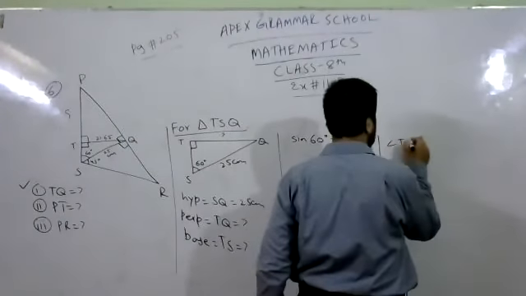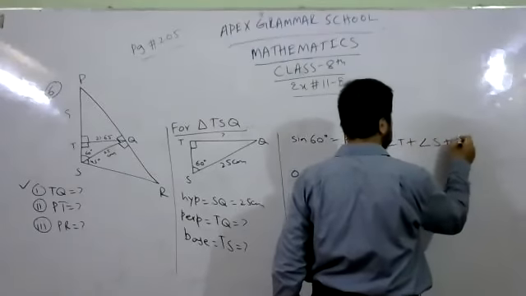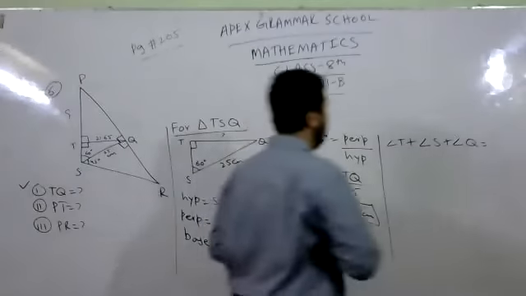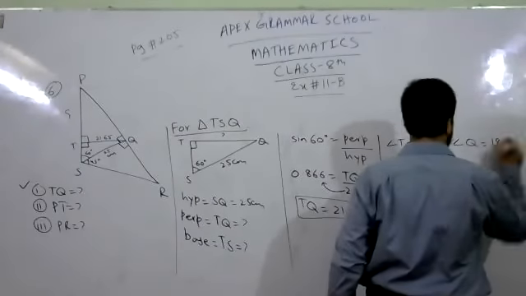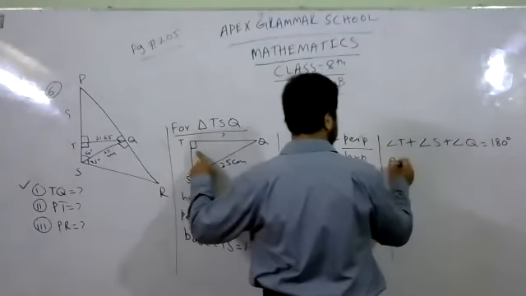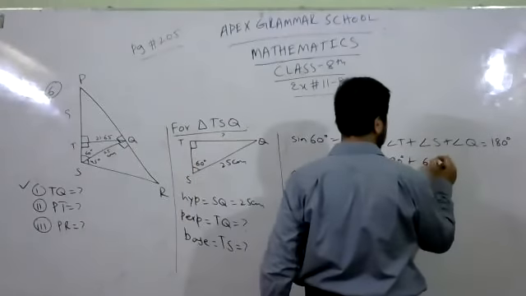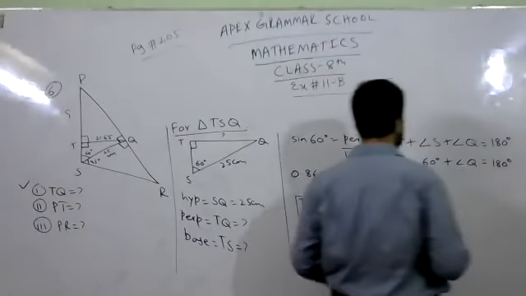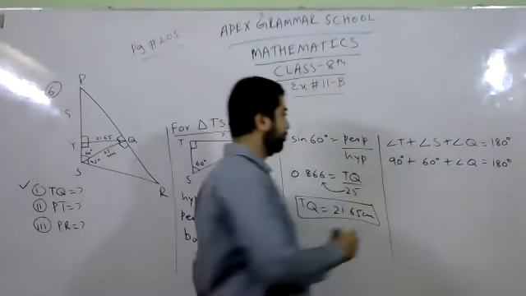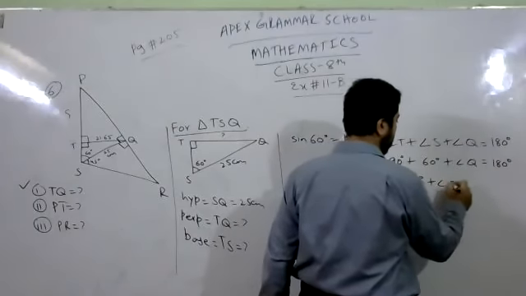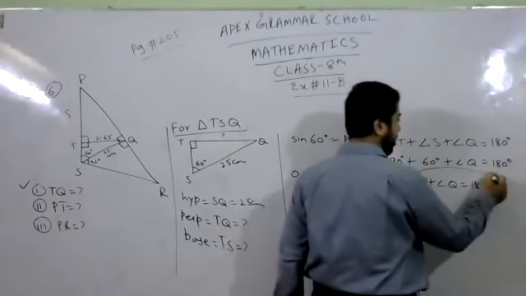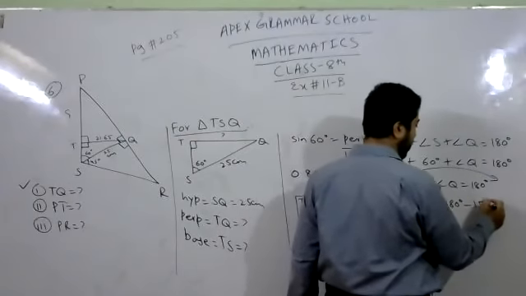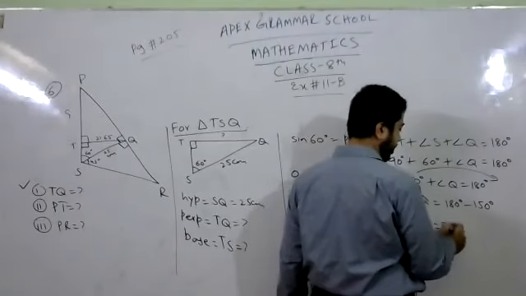You know that angle T plus angle S plus angle Q, after adding three angles, is equal to 180 degrees. So angle T is 90 degrees, angle S is 60 degrees, and angle Q, we need to find it, is equal to 180 degrees. 90 plus 60 makes 150, plus angle Q is equal to 180 degrees. 150 degrees is going to be subtracted here. 180 minus 150 gives 30 degrees.